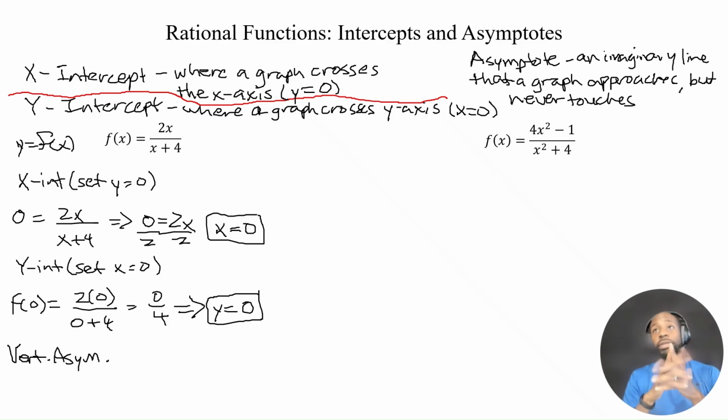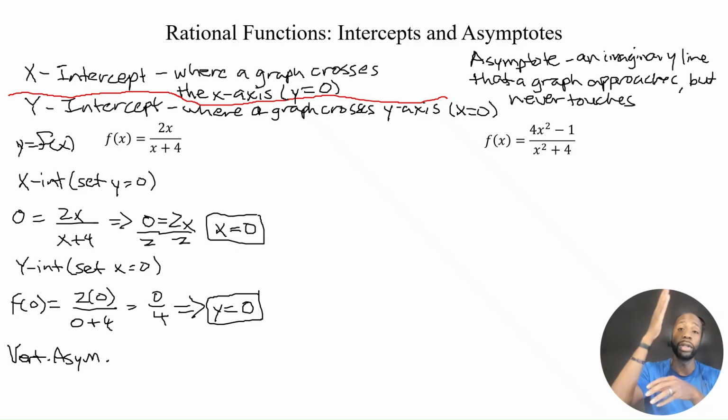Think about a fraction. Let's say you have 1/8, and then you have 1/4. 1/4 is bigger than 1/8. And then 1/2 is bigger than 1/4. And then you have 1 over 0.5, which is 2. That's bigger than 1 over 2. So the smaller that bottom number gets, the closer it gets to 0 without touching 0, because 0 represents a discontinuity, the bigger and bigger that fraction gets.